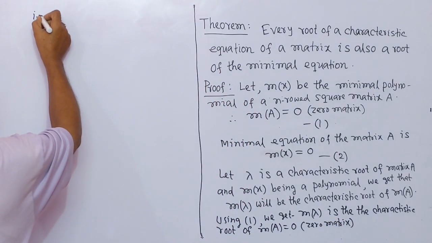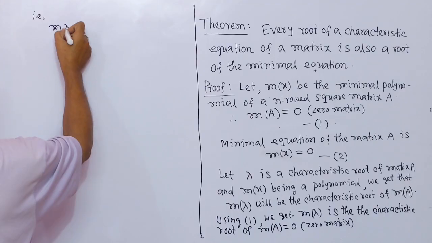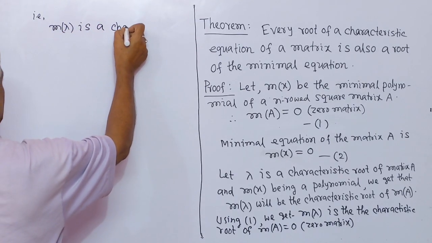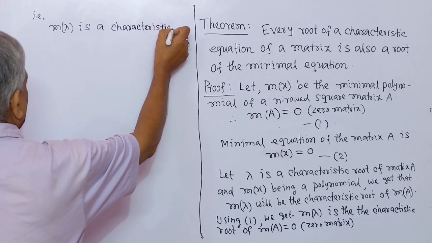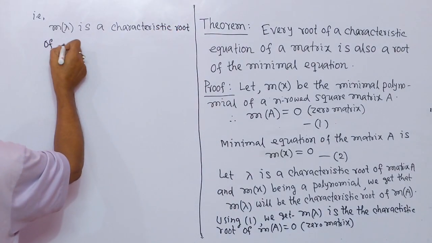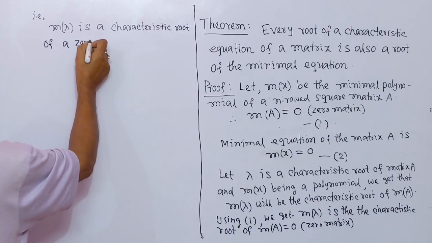That is, m(lambda) is a characteristic root of a 0 matrix.